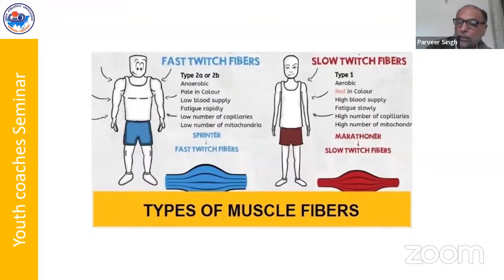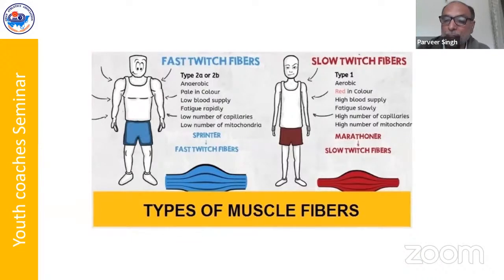Going physiologically, most of you already know that our muscles have two types of fibers, mainly fast twitch fibers and slow twitch fibers. And these are genetically determined. Athletes who have a majority, a higher ratio of fast twitch fibers, are quick in movement. They are good for sprints or jumps, or can be good for throws if they have good muscle mass.